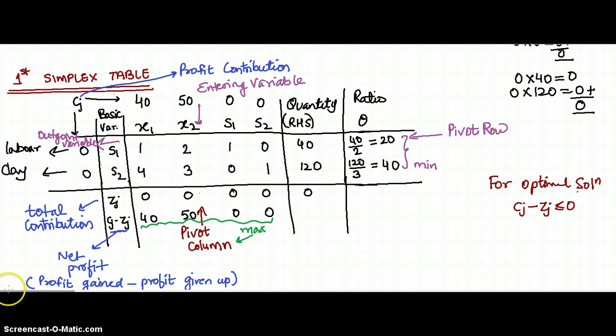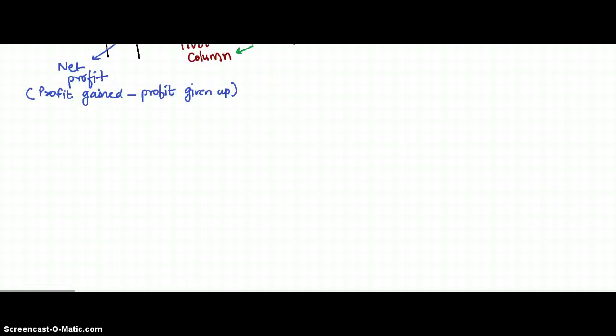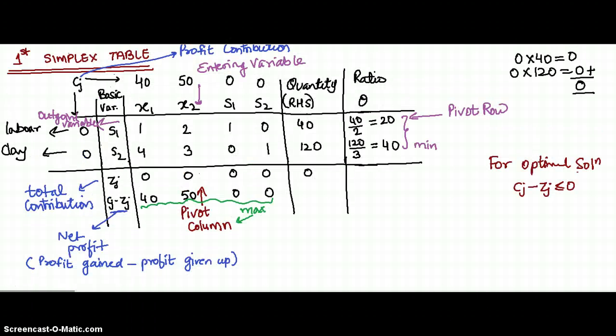So now we will make the second simplex table. This table is similar to the one we obtained previously, but what has changed? These rows will be the same.